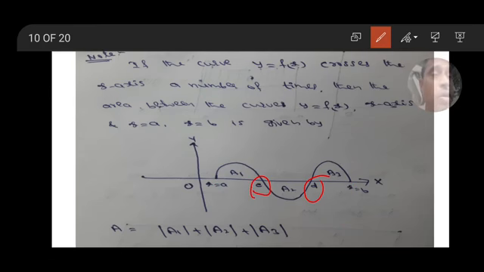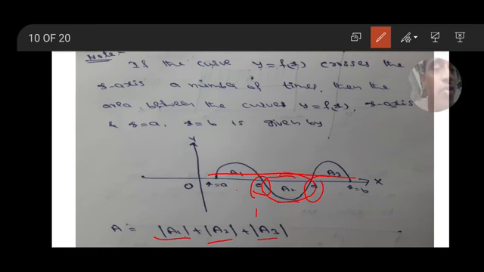So the total area equals modulus of A1 plus modulus of A2 plus modulus of A3. Why modulus? If you look at the diagram, the area below the x axis will come out negative, so we take the modulus to make it positive.